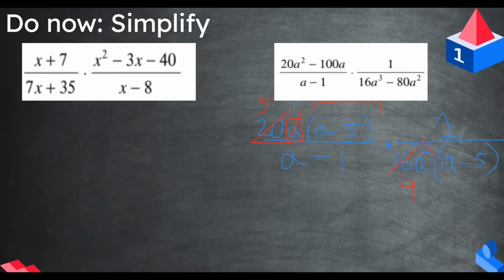Yeah, it's at the top left and bottom right. Thank you. Yes, so there's an a minus 5 here, and I also see a minus 5 here. So bingo, I have a common factor, right?